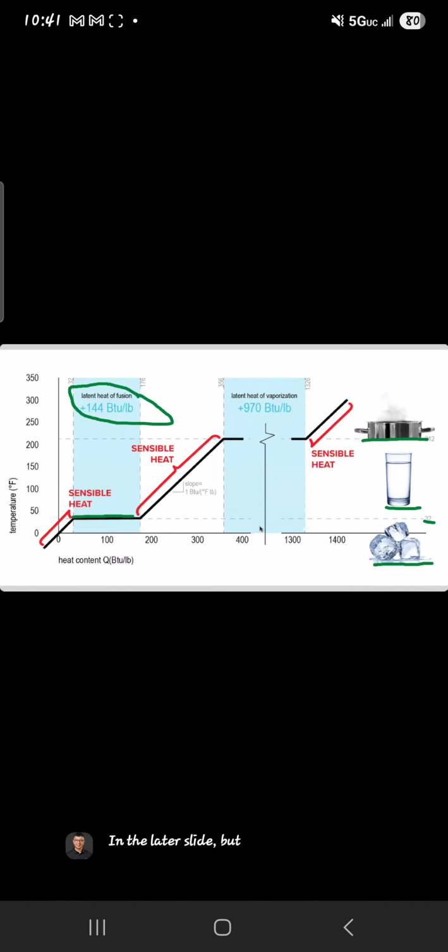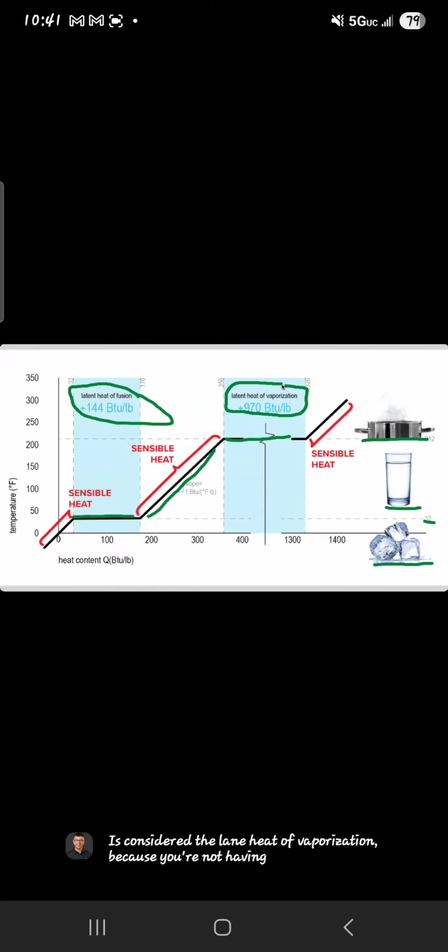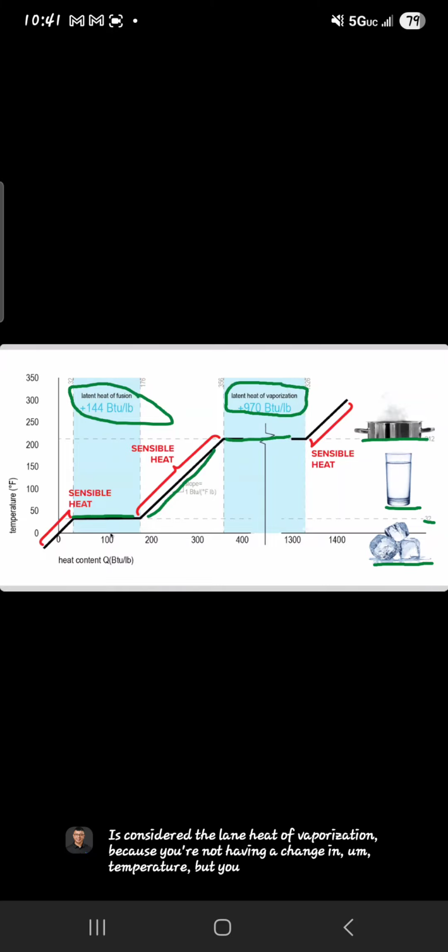But right now we're focused on latent heat and sensible heat. So as you can see, from 32 up to 212, it is considered sensible heat because there's a change in temperature. And then again, when you go from a liquid to a steam, it is considered the latent heat of vaporization because you're not having a change in temperature, but you're having a change in state.